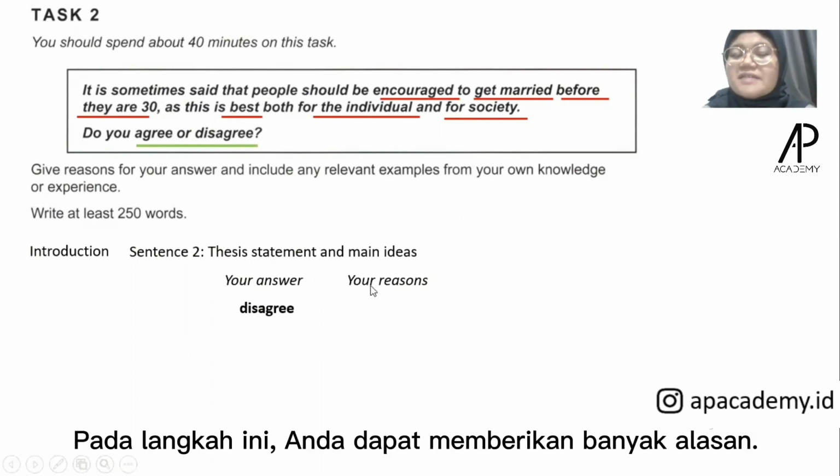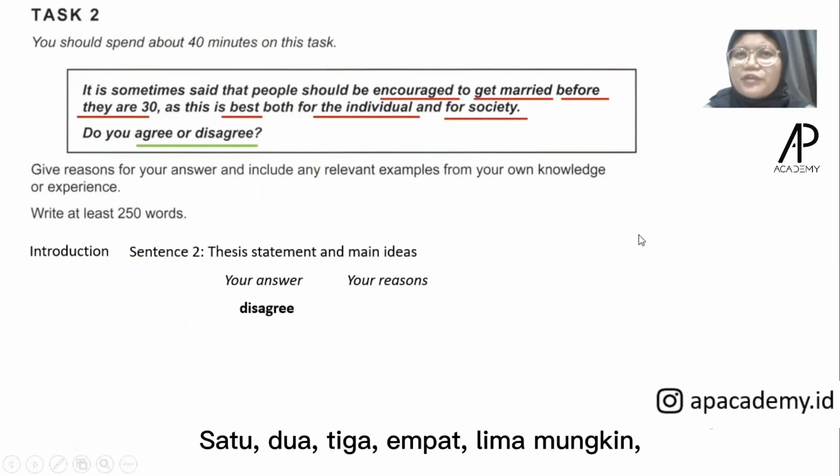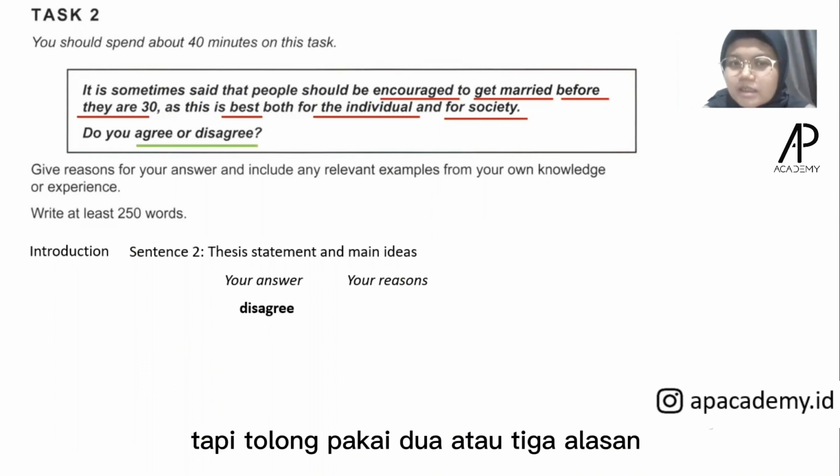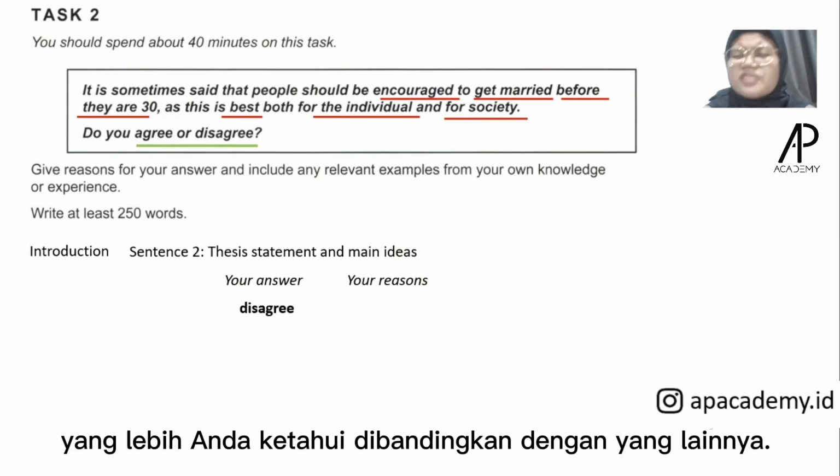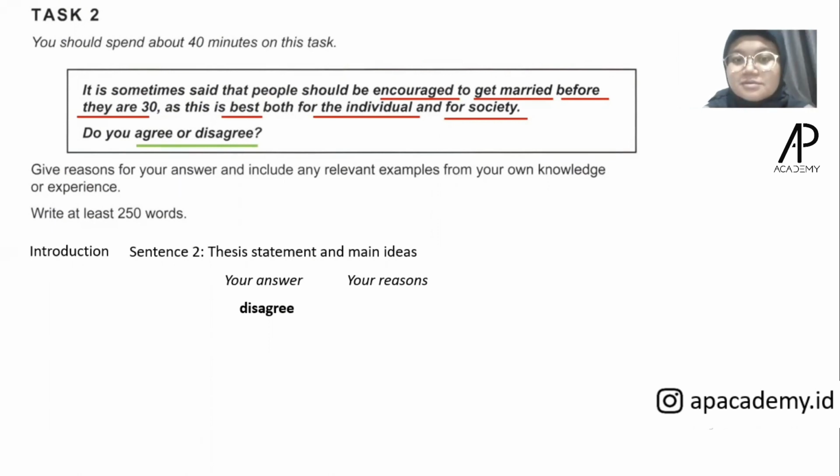In this step, you can number a lot of reasons, 1, 2, 3, 4, 5, maybe, but please just pick 2 to 3 reasons. Let's say 2 reasons that you know more about compared to the other 3.